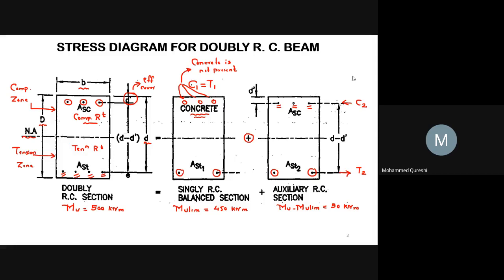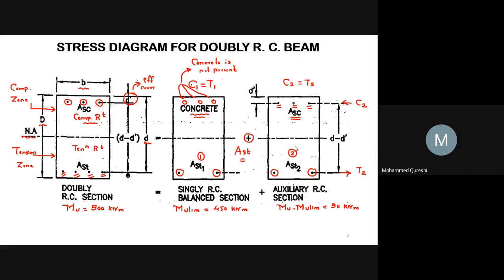So for satisfying the condition C2 equals T2, we have to provide the compression steel at top. Here I'm talking about this portion. To satisfy C2 equals T2 and to restrict the depth of the beam, we have to provide the compression steel at top. Hence, the total AST will be equal to AST1 plus AST2.